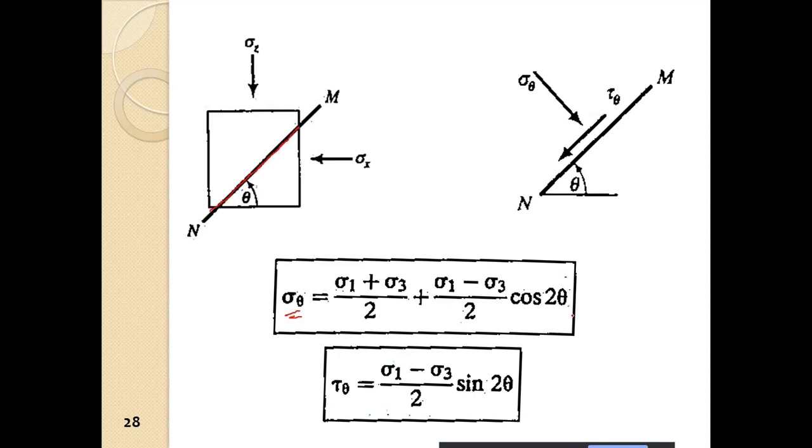So we have the normal stress, and at any plane inclined at an angle theta, we have the shear stress. Kindly remember these two equations because we are going to use them.